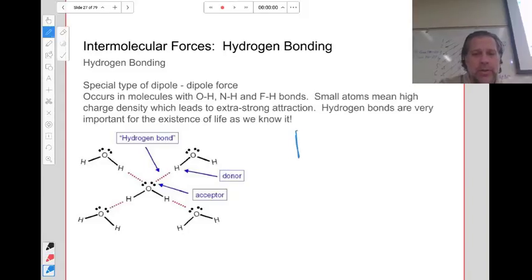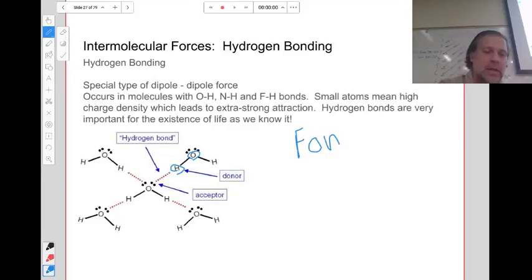We remember that by calling it FON: fluorine, oxygen, nitrogen. So if you can identify that a dipole-dipole intermolecular force is occurring and a hydrogen is bonded to an oxygen, then that becomes a special type of intermolecular force that we call hydrogen bonding.